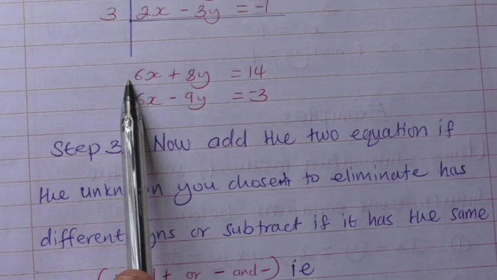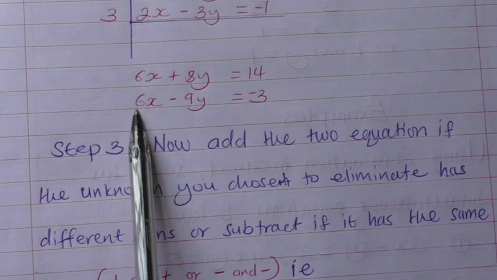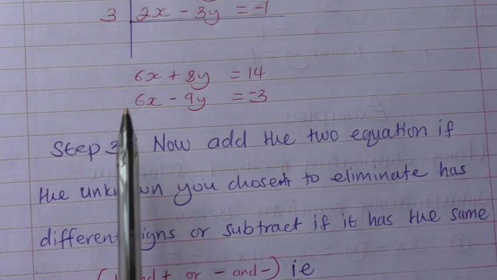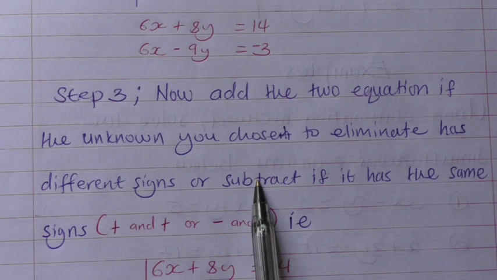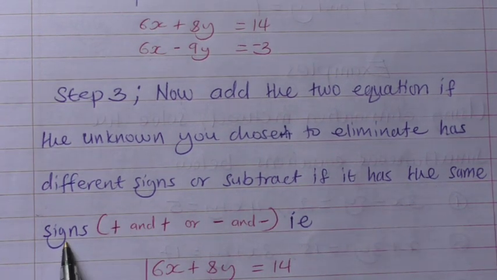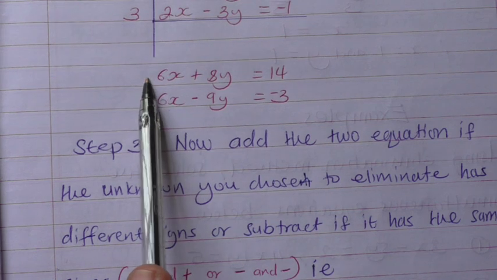Assuming this one had negative and this one positive, we could add so that the negative cancels with the positive. And then we shall subtract if the unknown has the same sign.